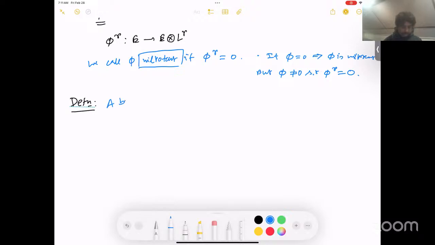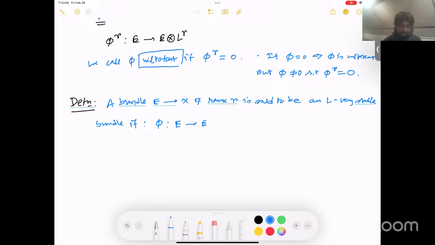So a bundle E to X of rank R is said to be an L very stable bundle if the only nilpotent endomorphism from E to E tensored L is 0.